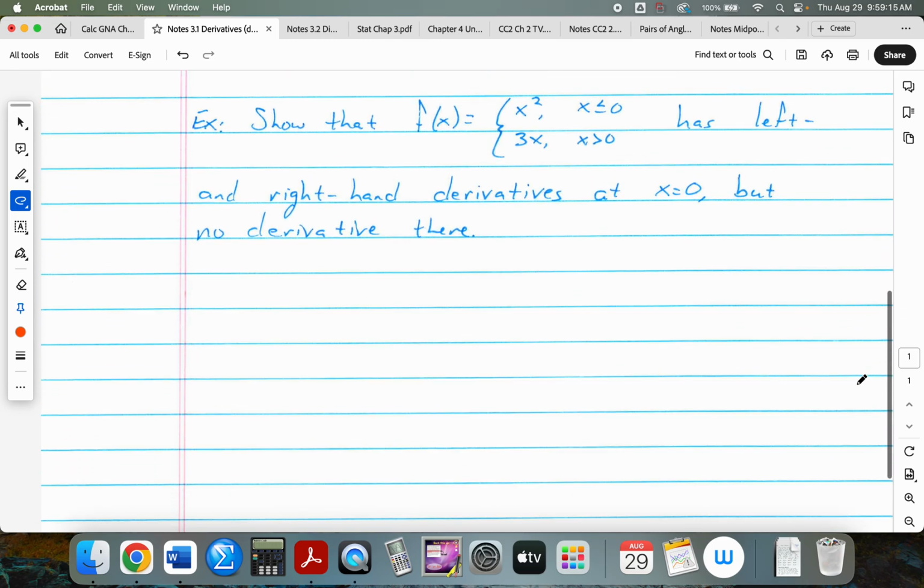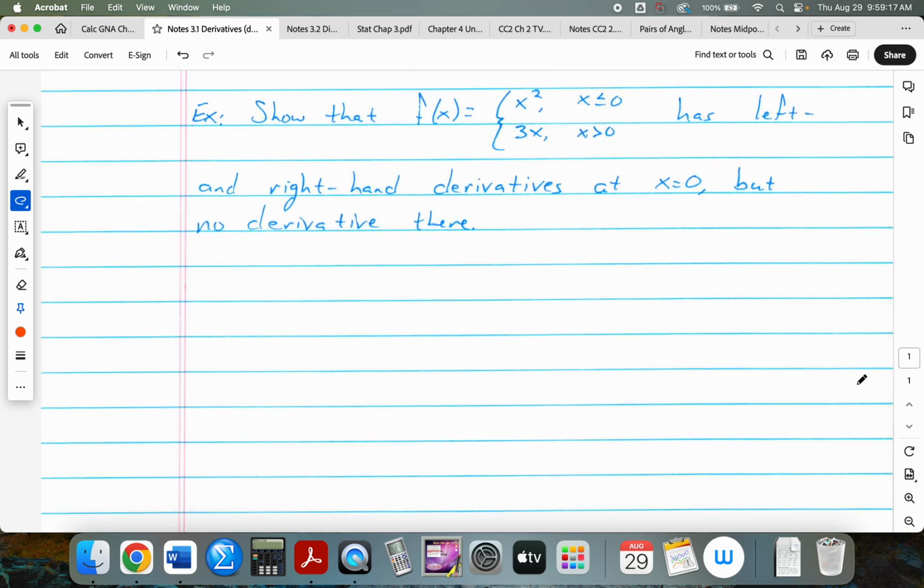So let's look at this one. For this particular one, we are going to show, unlike the one that was on last night's homework, here the left-hand derivative and the right-hand derivative both exist, but there is no derivative at x equals 0.